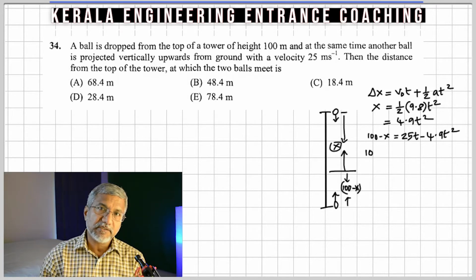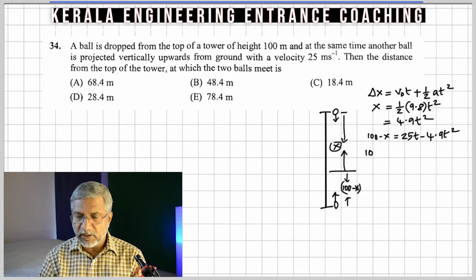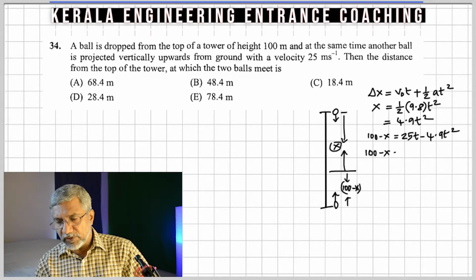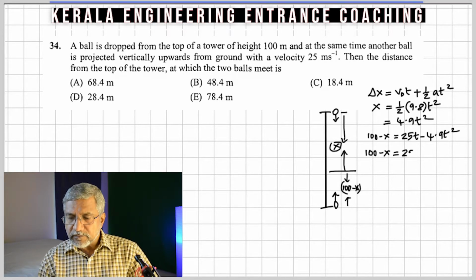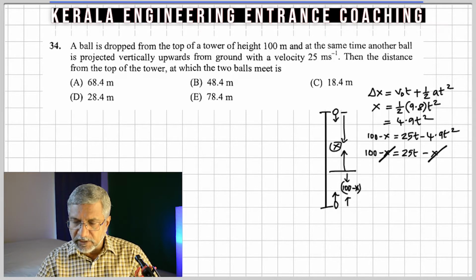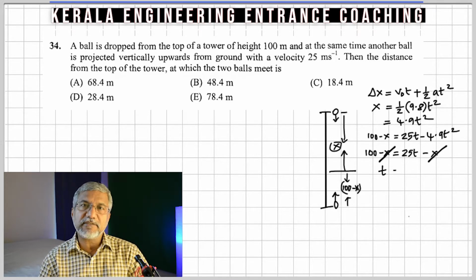That makes sense? 100 minus x is equal to 25t minus 4.9t². So when you solve that, you can see that in place of 4.9t², I can substitute x. That's what I did. And then you get t as 4 seconds.